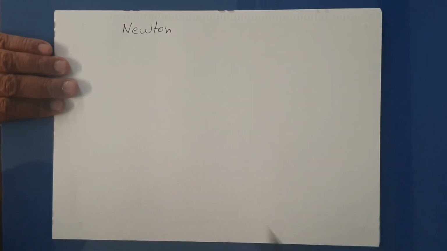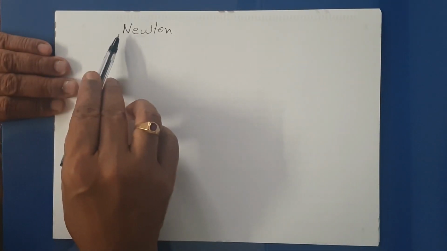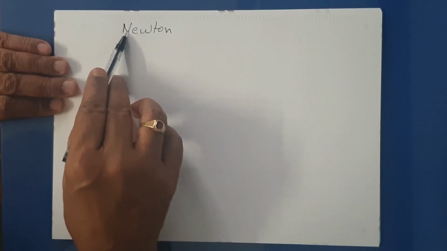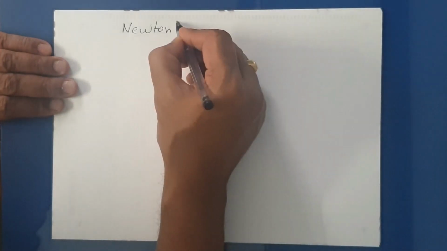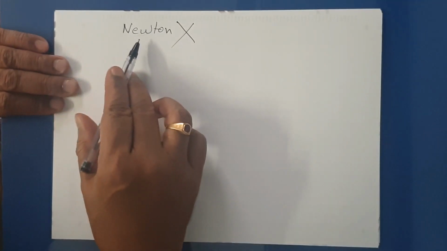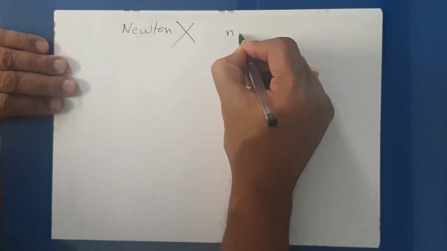The unit of force is newton. If you are representing the unit by the name, writing Newton with a capital N as I have written here is wrong. If you want to write the whole name as a unit, you have to use all small letters.